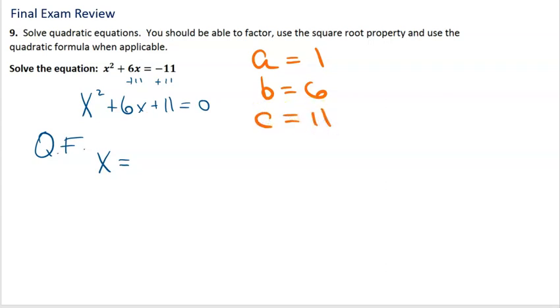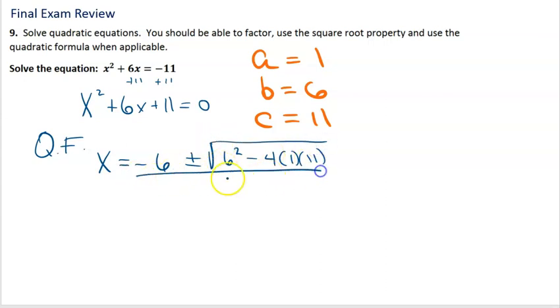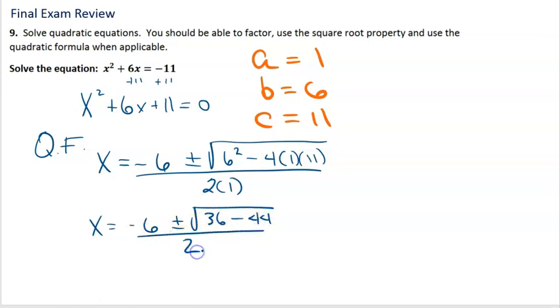So when I plug this in, you've got negative b, so negative 6, plus or minus the square root of b squared, so 6 squared, minus 4 times a is 1, times c is 11, and that's all divided by 2a, which is 2. So that gives me negative 6 plus or minus the square root of 36 minus 44, all divided by 2.